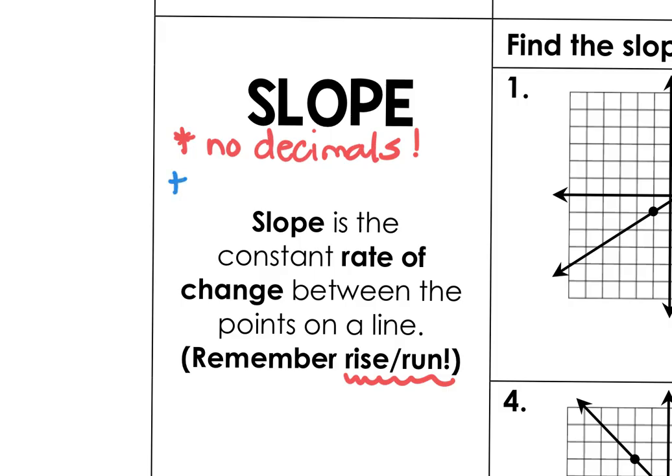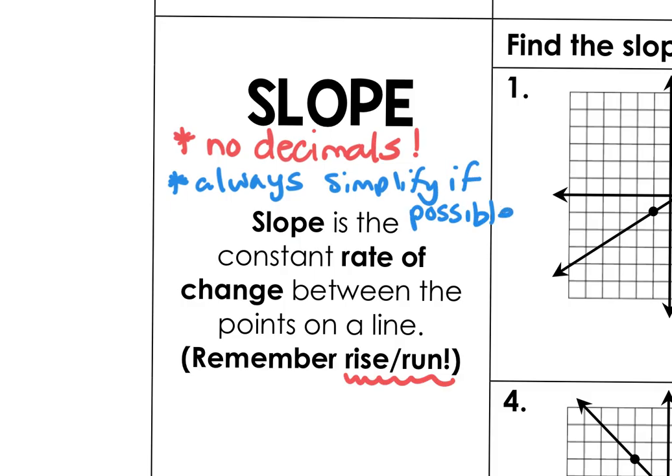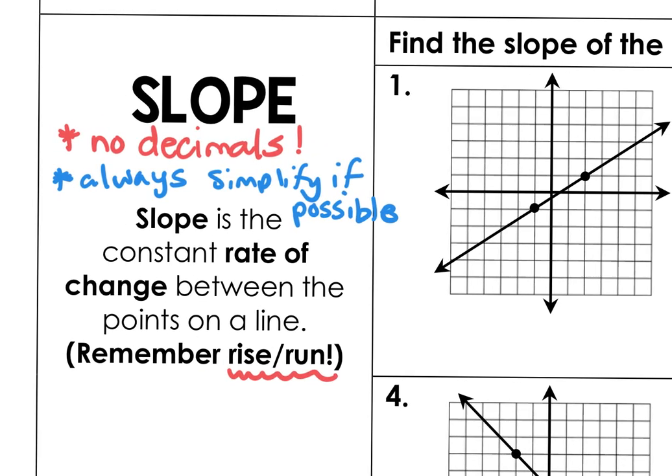However, we would always simplify if possible. So I would never want to write the decimal like 0.5, for example, for my slope. But if I did get a slope like 4/8, I wouldn't leave 4/8. I would want to make it 1/2, simplifying it. Okay. Rise over run, that's how we're going to figure out the slope.